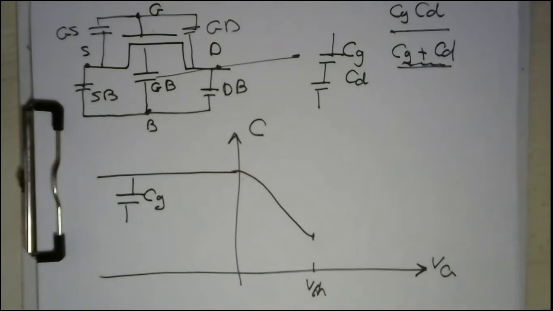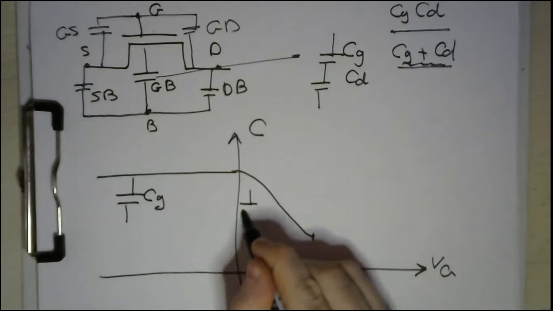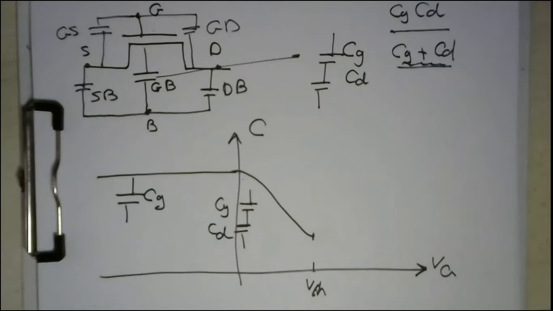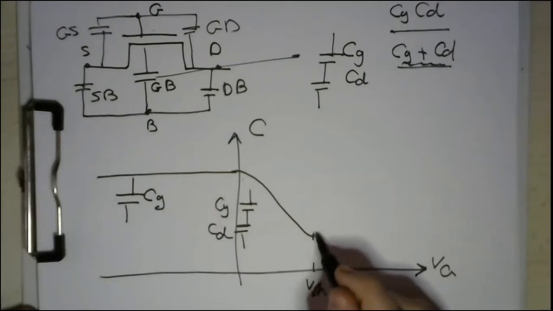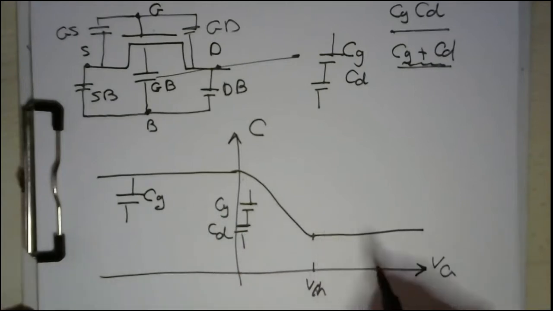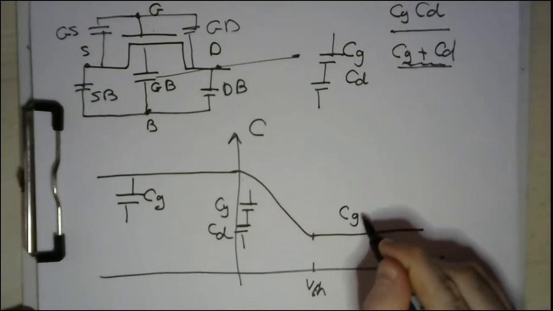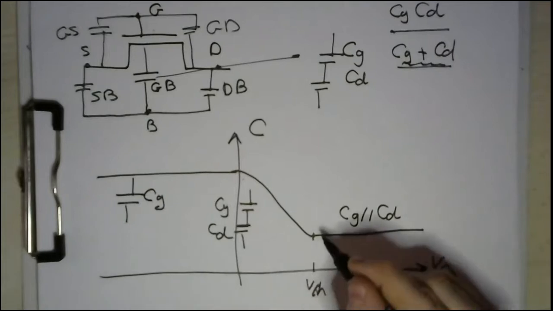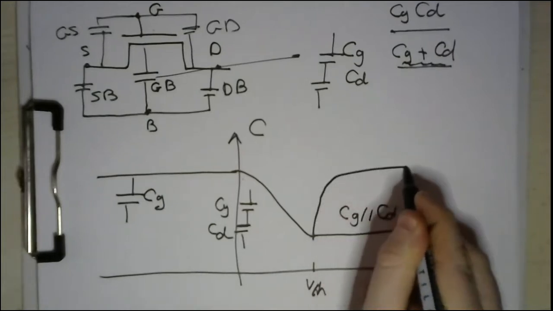Okay, then what will happen? We have two cases. In this case, we have two capacitances like this, CG and CD. Then what will happen after that? Still, we have another two cases. Either it continues like this in a saturation manner, I mean that the overall capacitance is CG and CD, or we start to apply a voltage on the drain in order to conduct current, then your capacitance will increase again.